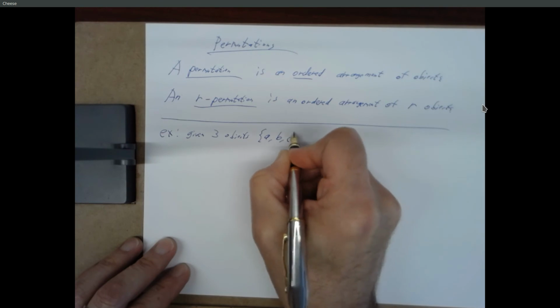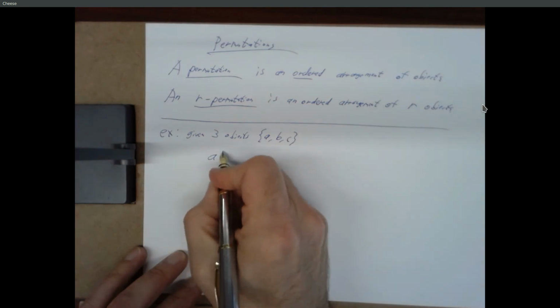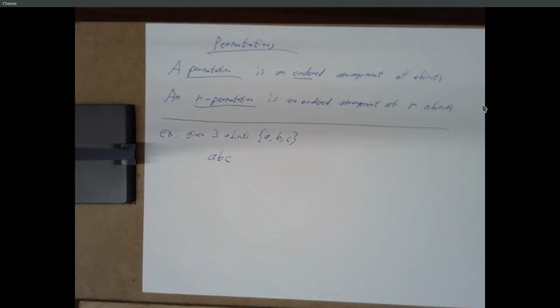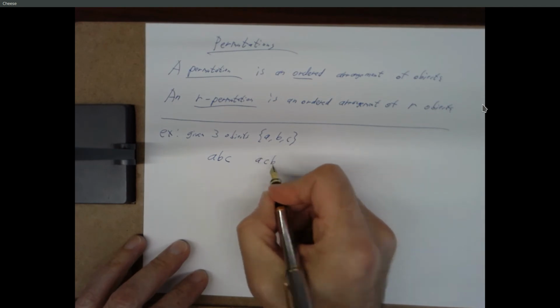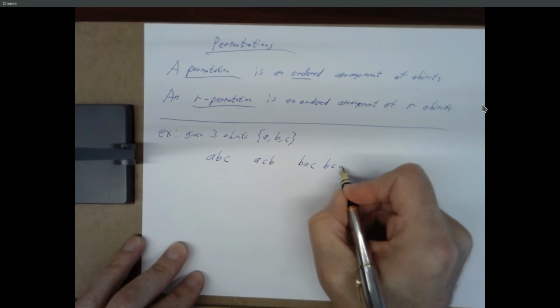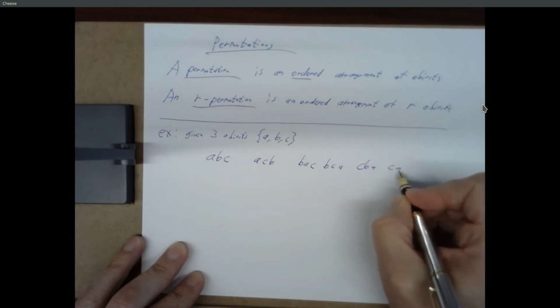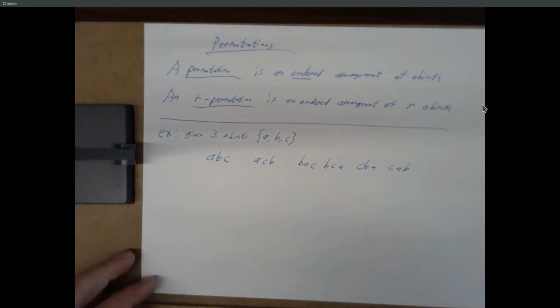So for example, suppose we're given a set containing 3 objects A, B, and C. ABC is a permutation of those objects. ACB is another permutation, as is BAC, BCA, CBA, CAB. Each of those is a permutation of those 3 objects, and I'm pretty sure those are the only permutations of the objects.